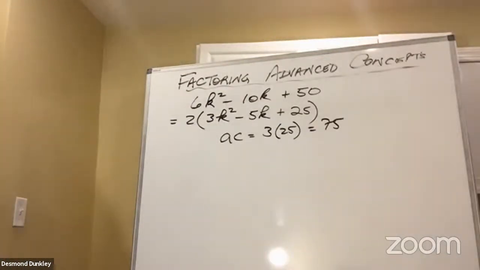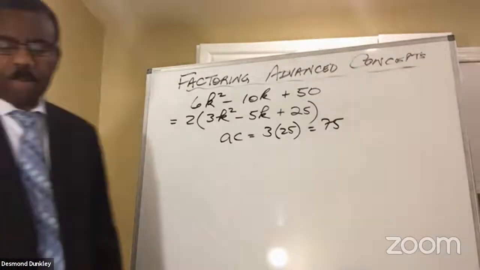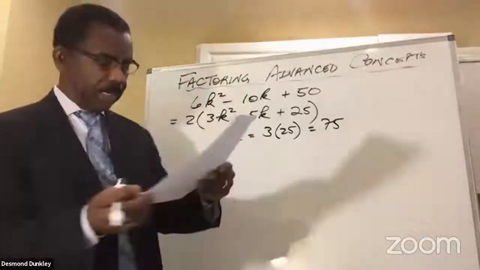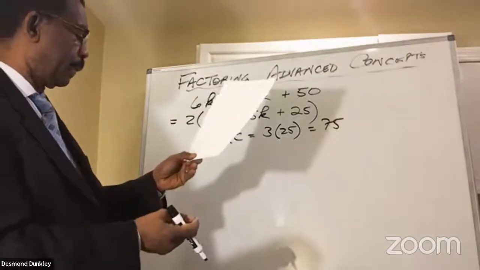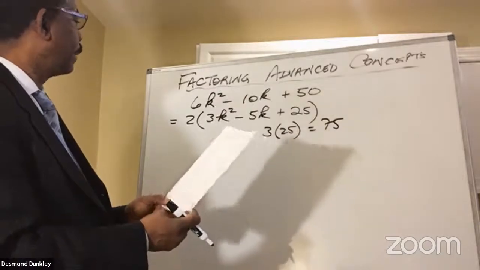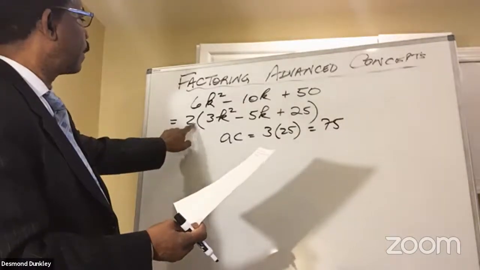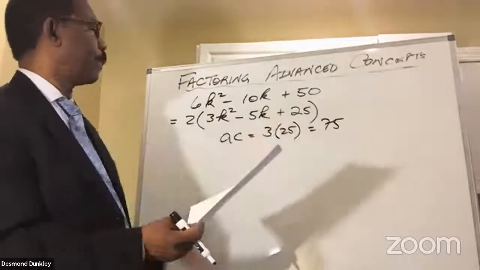Okay, this cannot be factorized. They made a mistake. This paper has a mistake on this. There's no way this can be factorized. Okay, this cannot be done. 2 comes out, 3k squared, -5, 25. There's no way.